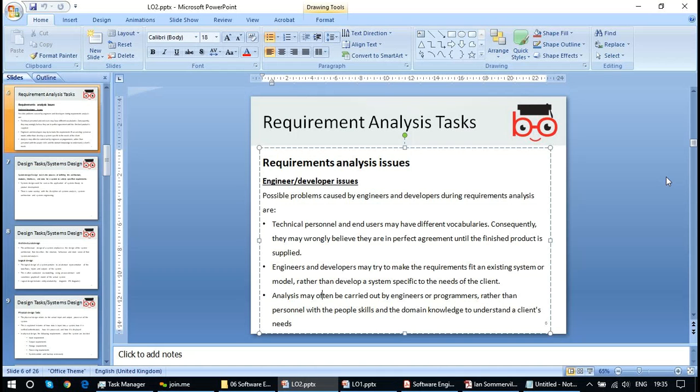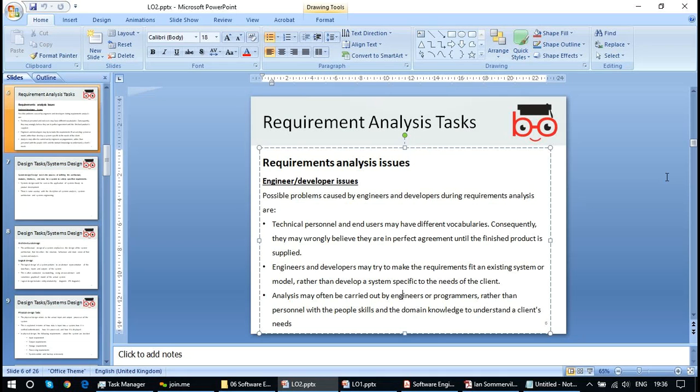So it's basically the problems that could be caused between the engineers and the developers. There might be a misunderstanding somewhere between them. No. This says that the analysis of the requirements needs to be provided by the domain knowledge expert.